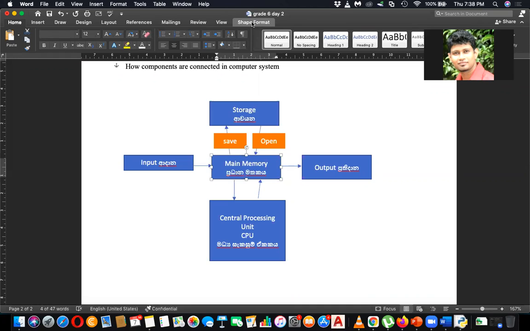The memory has limitations. So what you do, if you want to go to school and write your father's NIC number, then you write it down in your book, go to school, open the book, read it, and then tell it to the teacher.